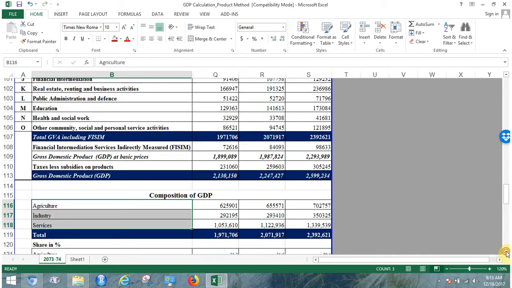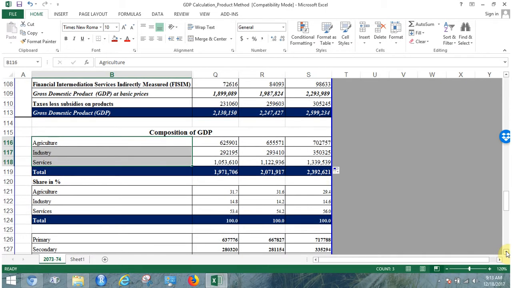So now to calculate the sectoral contribution, we divide this value added by the gross value added, and we come up with the sectoral contribution.